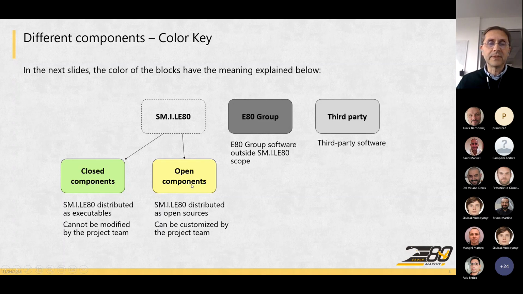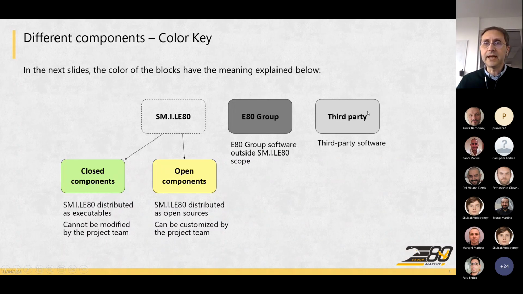We have another class of components that is dark gray. Dark gray is a component or software that is owned by the E80 group, but it's not in SMILE80 scope. For example, Smart is software that is owned by our company, but is not part of SMILE80.